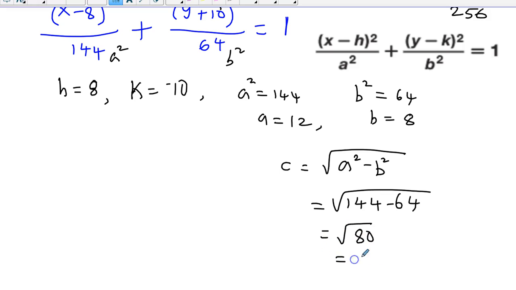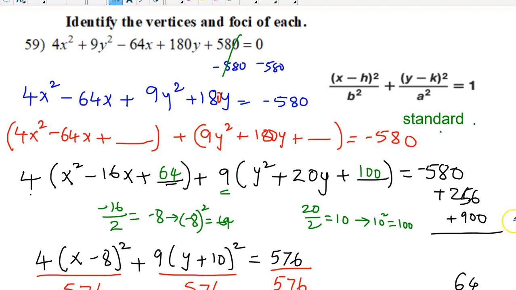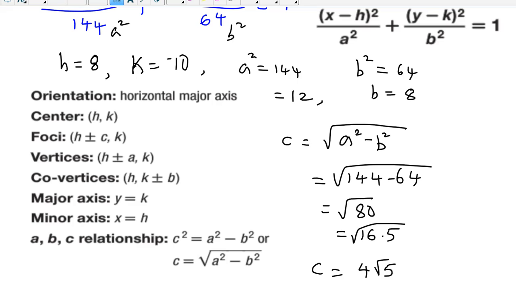Square root of 80 is not a perfect square, so you have to simplify it. 16 is a perfect square times 5, so the square root of 16 is 4, and the square root of 5 I'll leave as it is. So that is the value of c: 4 root 5. We have the values of a, b and c, h and k, so use those values to find the required vertices and the foci.